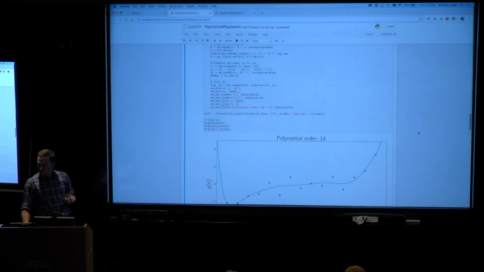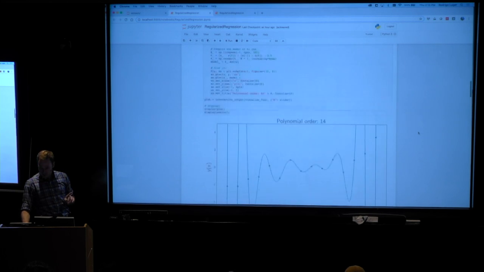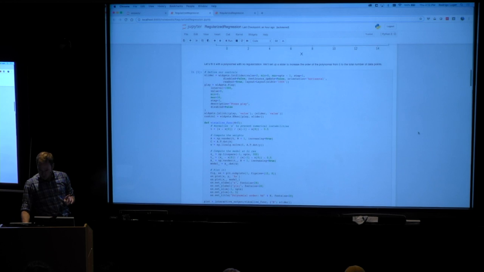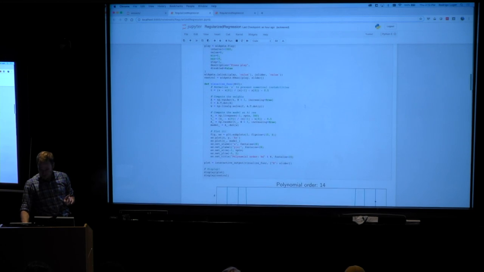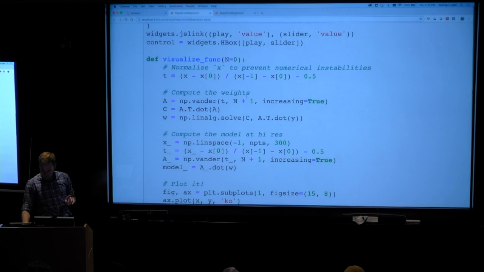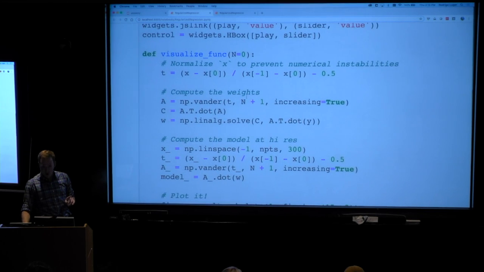Before we go on to this problem, I just want to bring your attention to the following. In cell number 5 here, I just want to show you how I'm computing this model. I didn't use curve fit for this example. I just used the equations that we derived here.